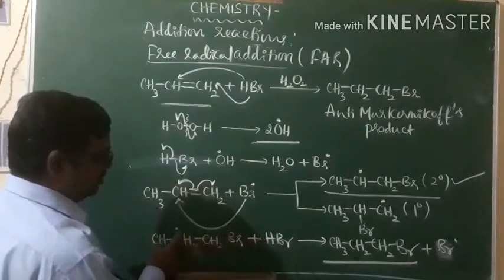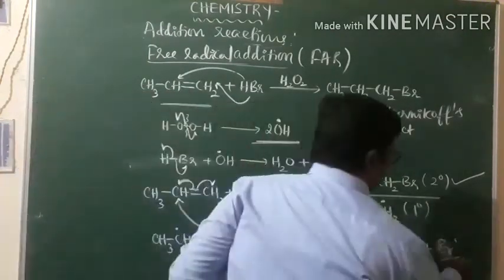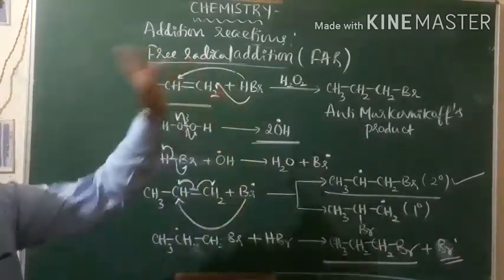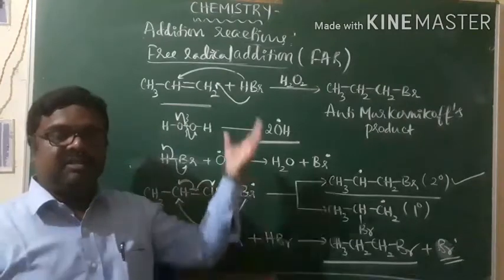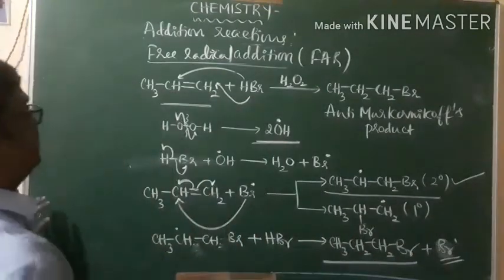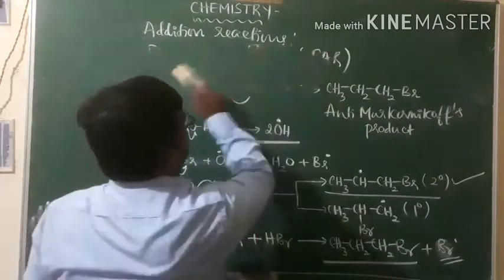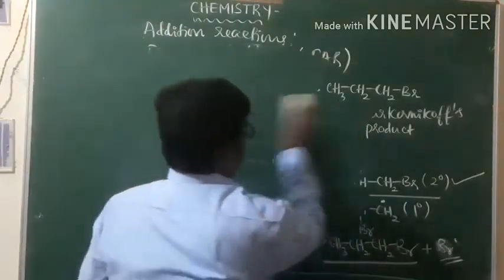That Br dot undergoes further chemical reaction with propene. The chemical reaction continues. So this is an example of the free radical addition reaction. These are the three types of addition reactions.